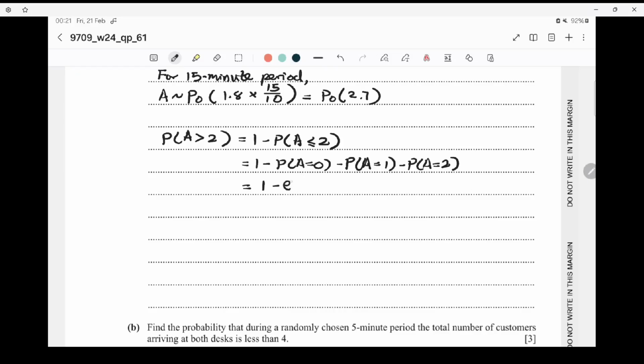So this is e to the power of minus 2.7 times 1, plus e to the power of minus 2.7 multiplied with 2.7, then 2.7 squared divided by 2 factorial. So in the end, you should get 0.506.